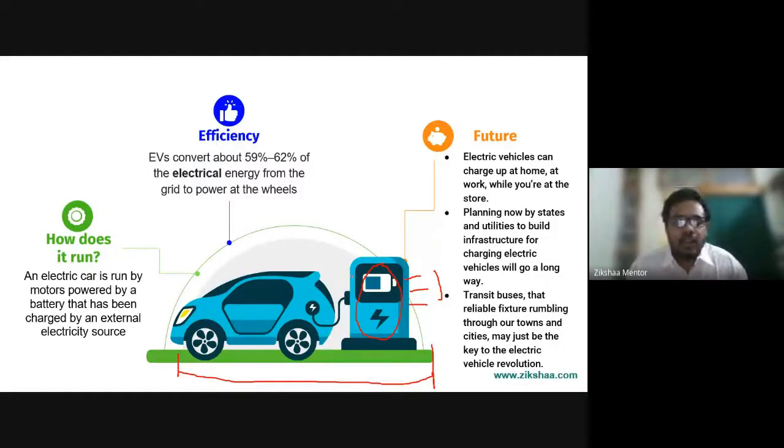Although if I don't take the grid, and only take the batteries and the power electronics, they have quite a high efficiency, and even permanent magnet synchronous machines are used for that reason, that they can deliver good efficiency.